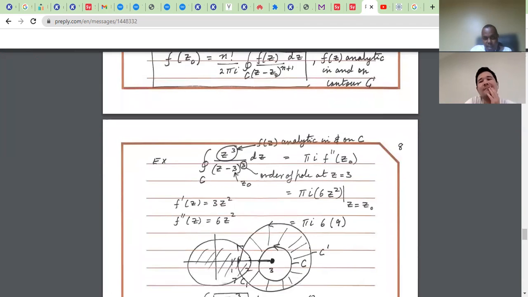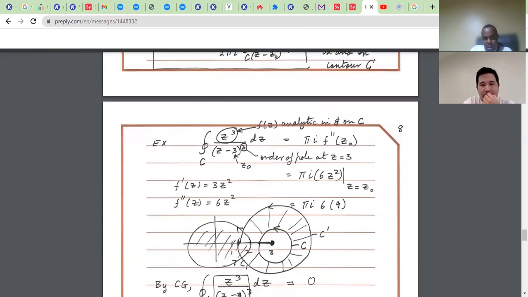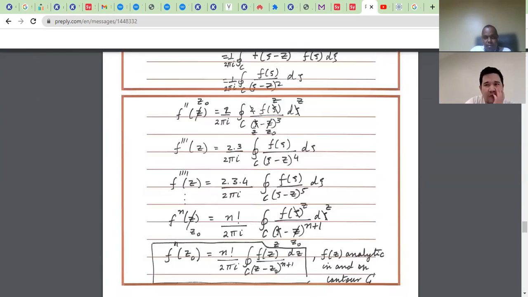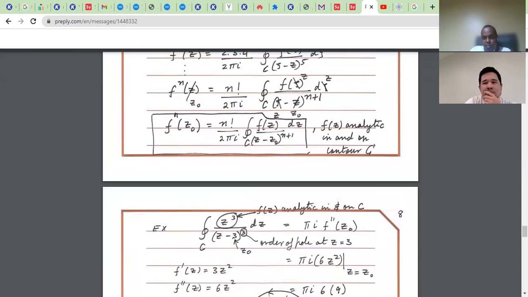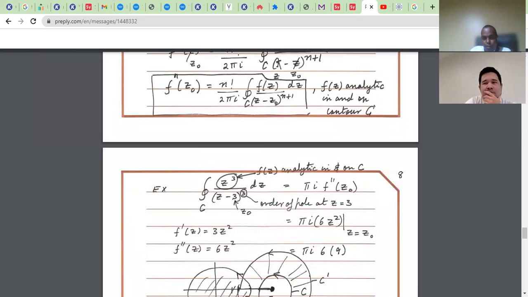So here's an example where he wants you to find f prime of this. He wants you to find the first derivative as well as the second derivative, with respect to z.